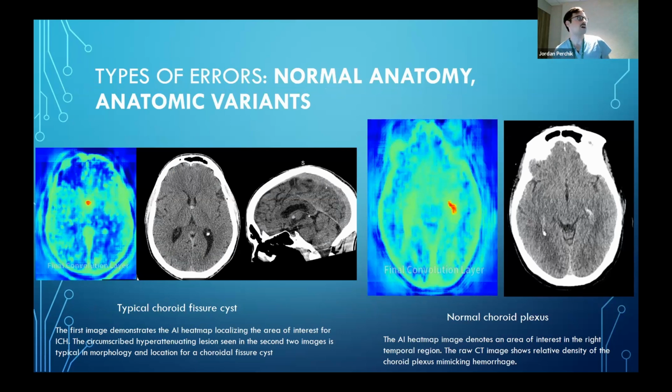So we have example images from an intracranial hemorrhage detecting algorithm that we have in practice. It's very commonly used. This is probably one of the more popular applications in use throughout the United States and internationally. But this is scrolling through a CT head without contrast.